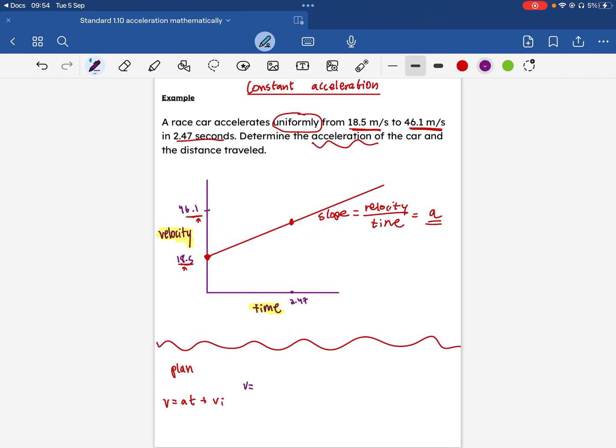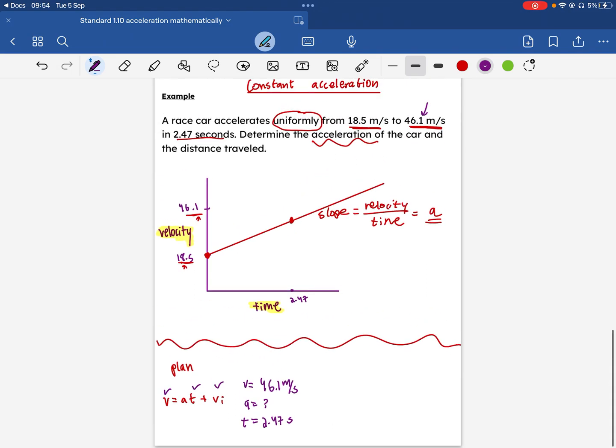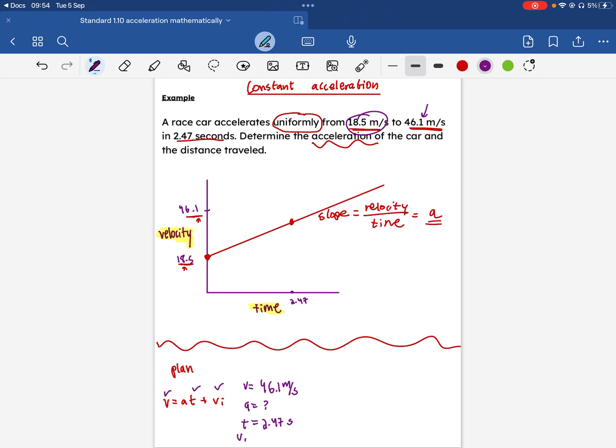So I have a final velocity, 46.1 meters per second. Acceleration is what I'm looking for. I have a time, which is 2.47 seconds. And I have an initial velocity, 18.5 meters per second.